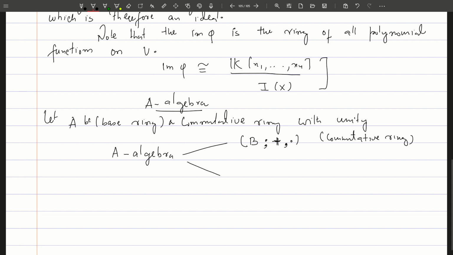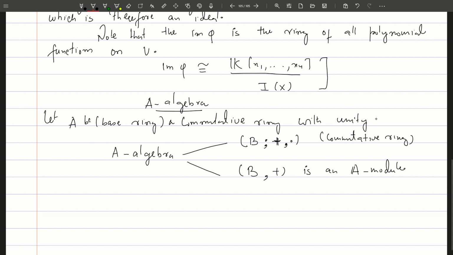And this B with the same addition is an A module. This has to be an A module.